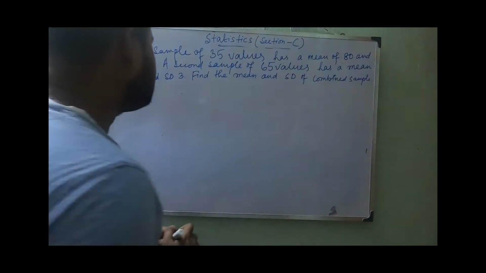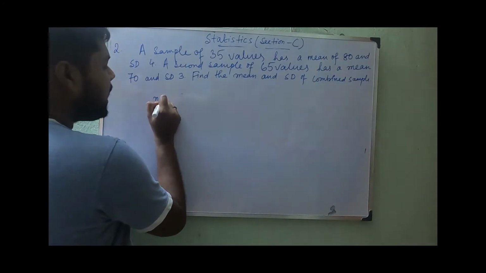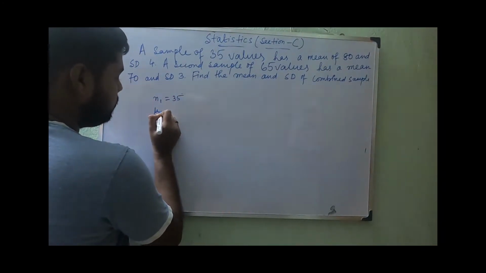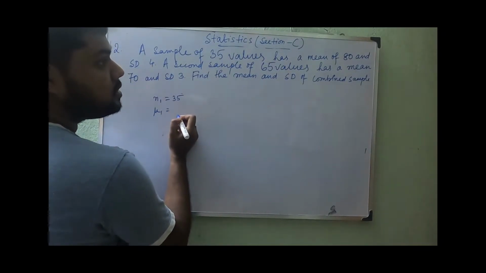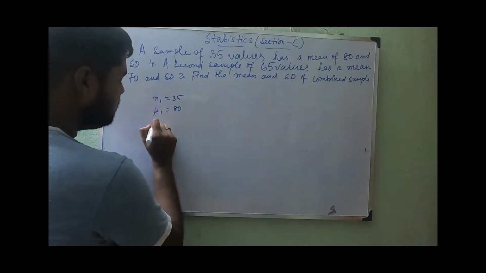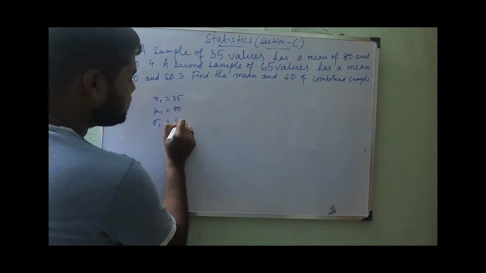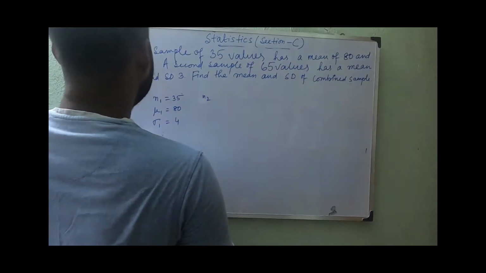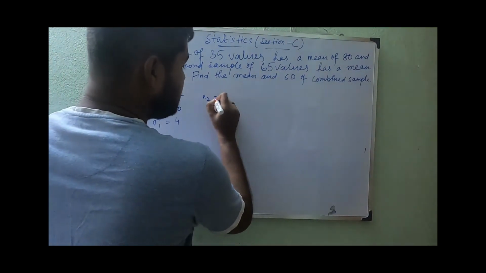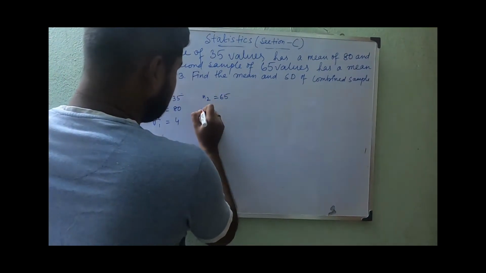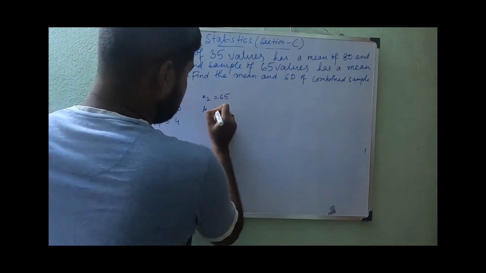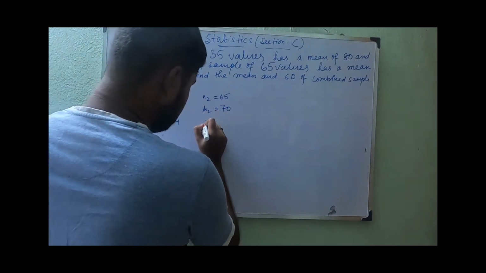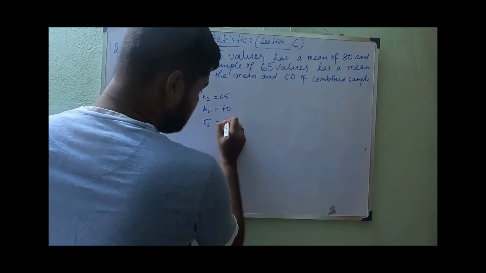So let me first write what is given. So N1 is 35, mu1 is 80, sigma 1 is 4. Then N2 is 65, mu2 is 70, sigma 2 is 3.